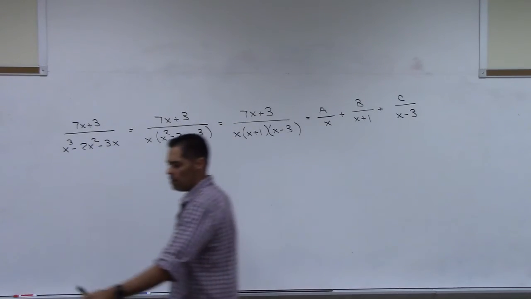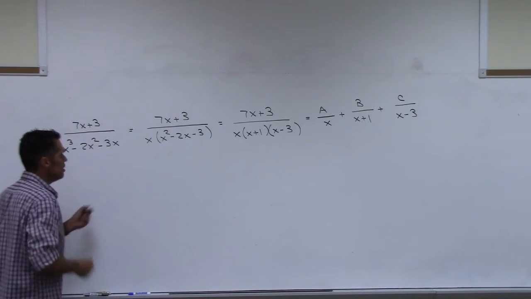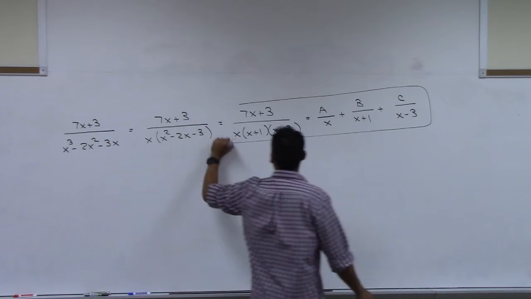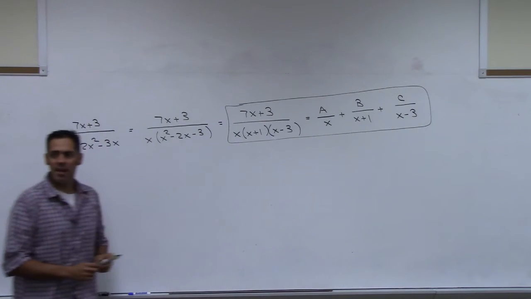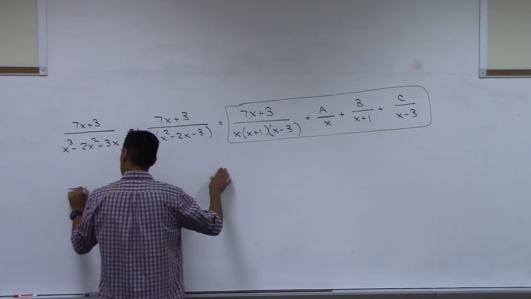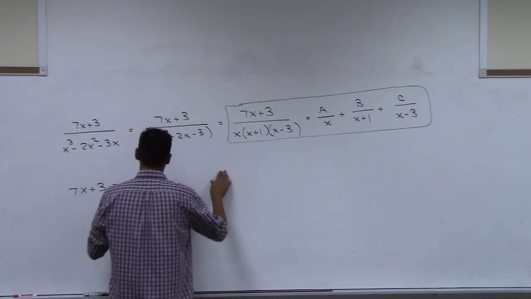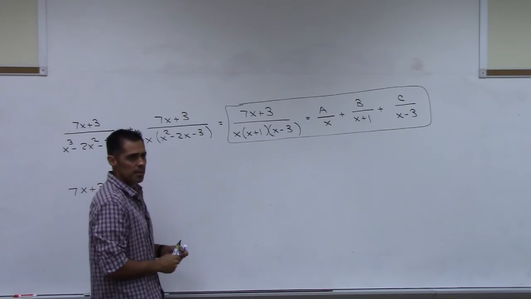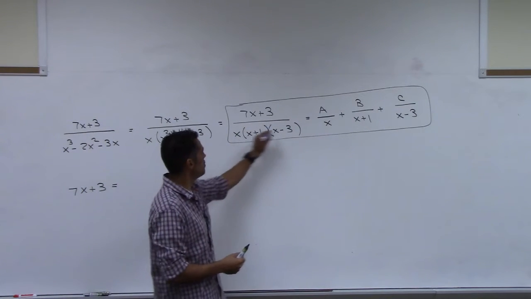Now, we take this expression right here, and we clear out the fractions. We multiply both sides by the LCD, which will leave you with the numerator on the left side. Do I need to write down what I'm doing here, or do y'all know? Multiplying both sides by this.